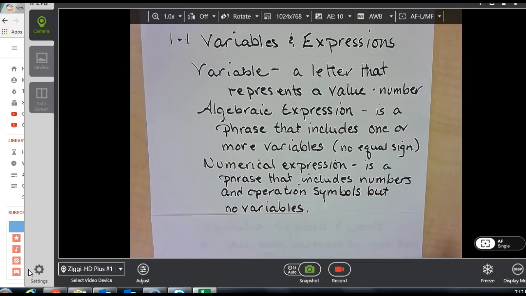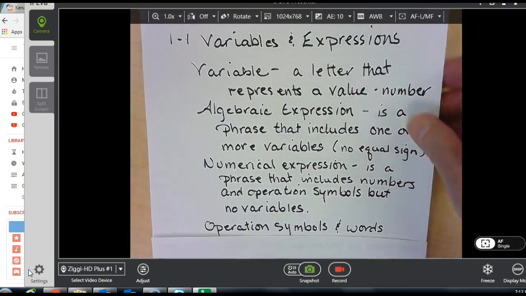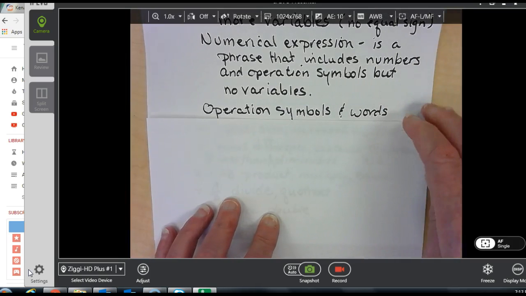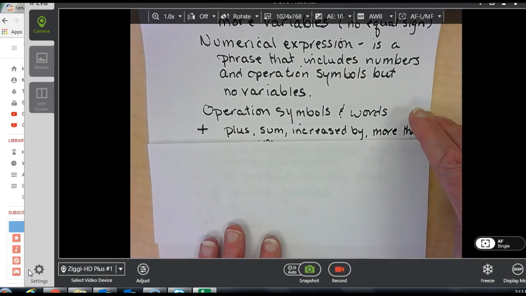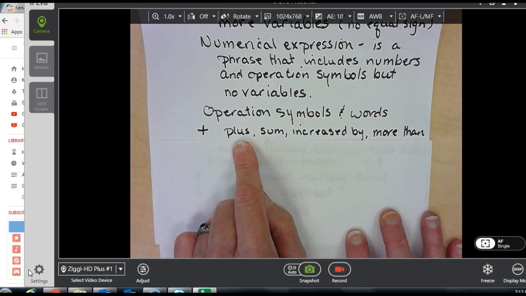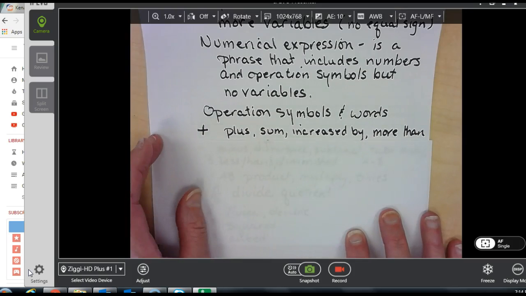So when we talk about our operation symbols, we write a lot of it in words. So we're going to talk about the operation symbols and words that go with it. And an example of that, the words that mean to add are plus, sum, increased by, more than.